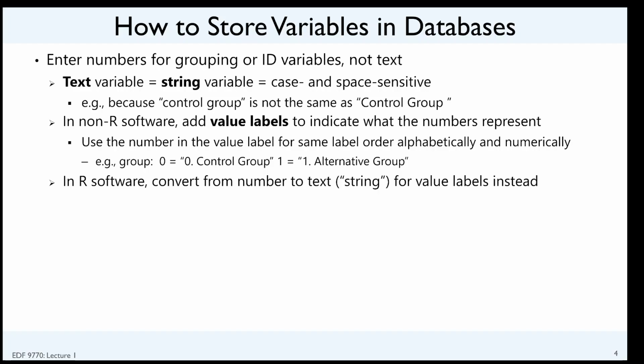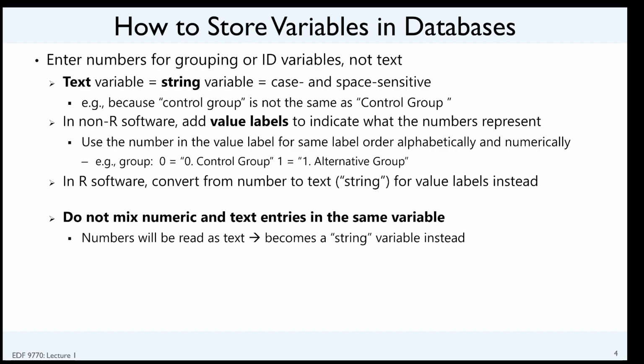So for instance, if 0 is the control group and 1 is the alternative group, if you just write control group or alternative group, alternative is first. And that will screw you up because alternative is not 0. So if you tie the number to the label, that can save you some headache.